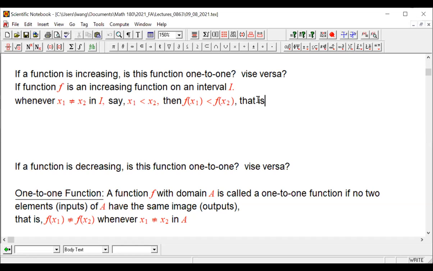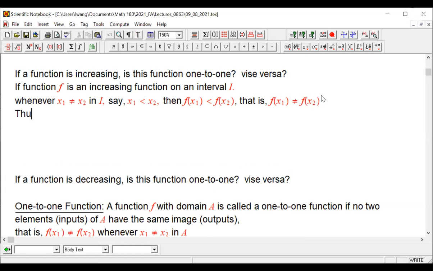Thus, this function is one-to-one on interval I.